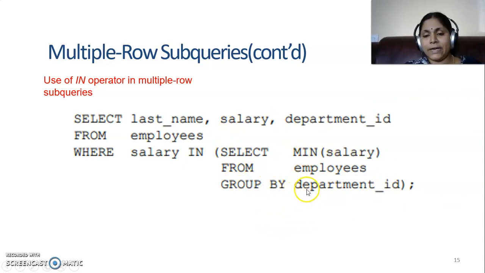If we have 10 departments, we will get 10 values here. Now the main query will display last name, salary, department ID where salary is in these 10 values.